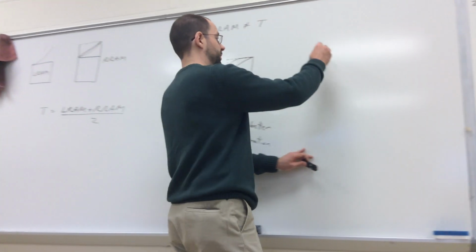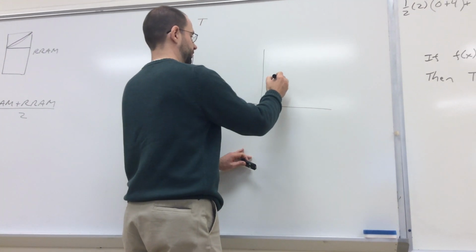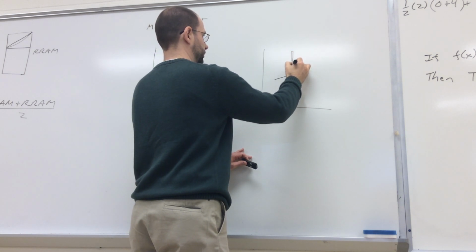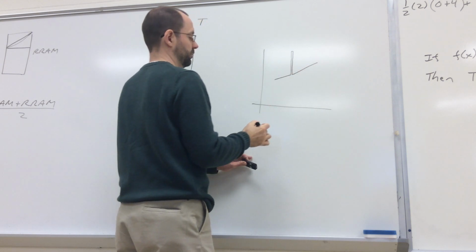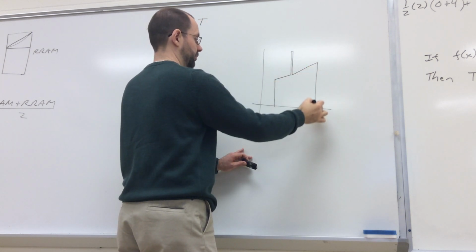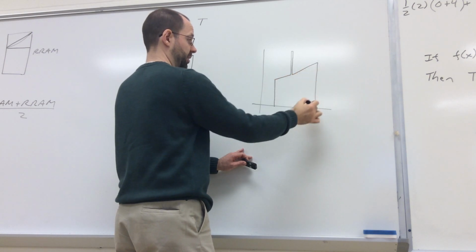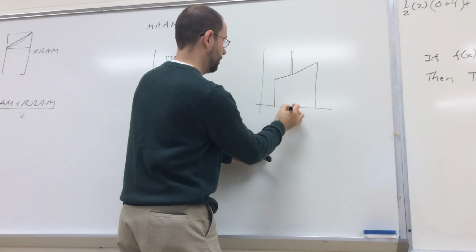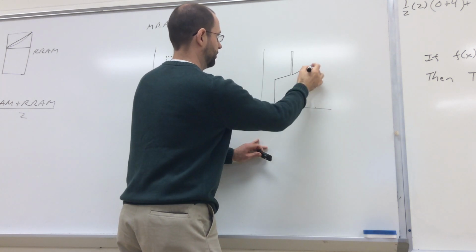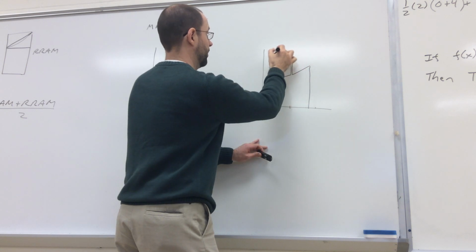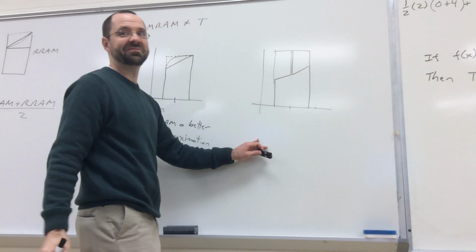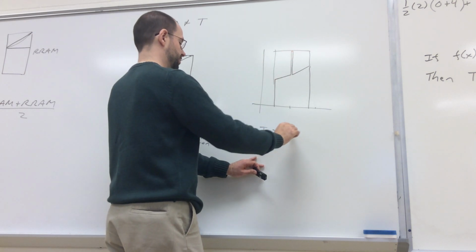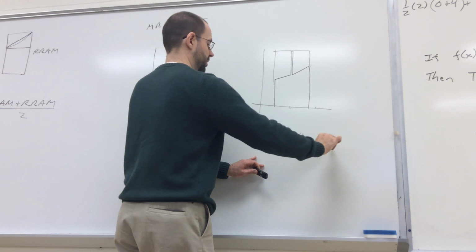But in this picture, this is going to be crazy, but the trapezoidal approximation would be this, right? But MRAM would be this. So here, T is better than MRAM.